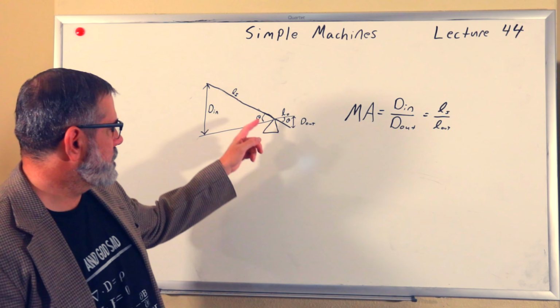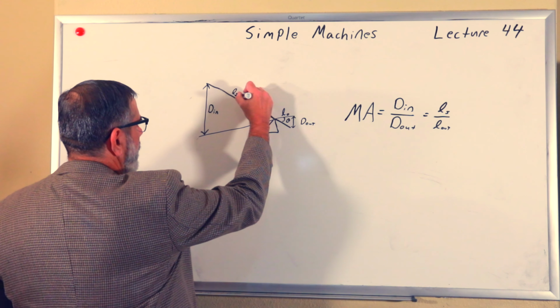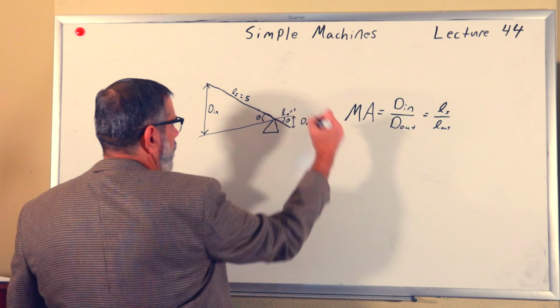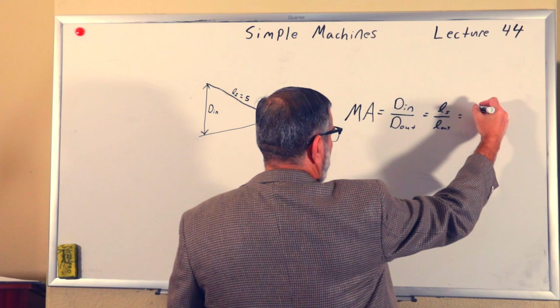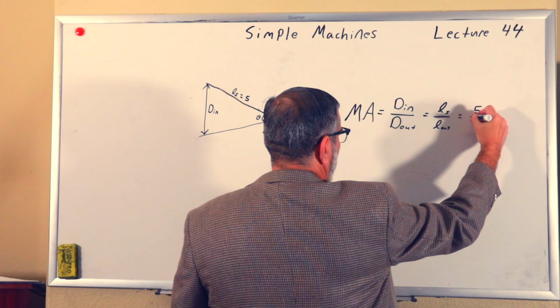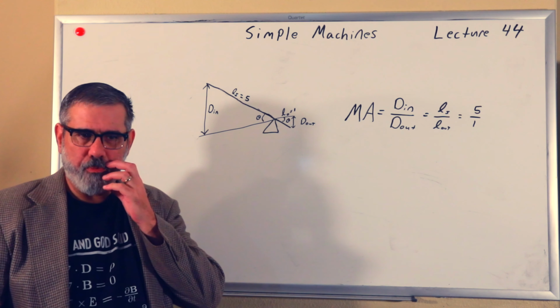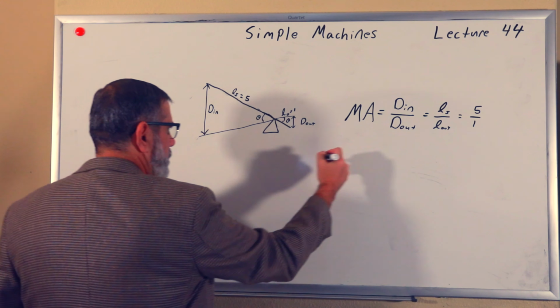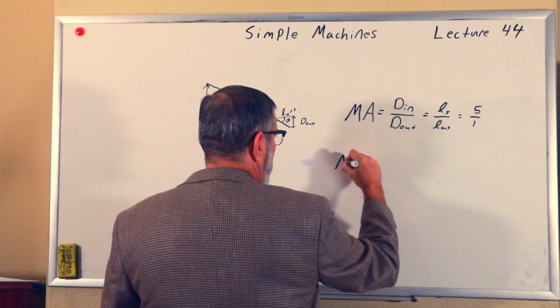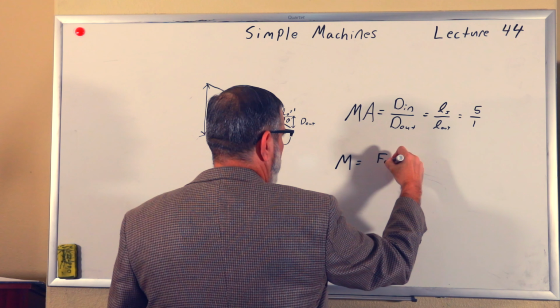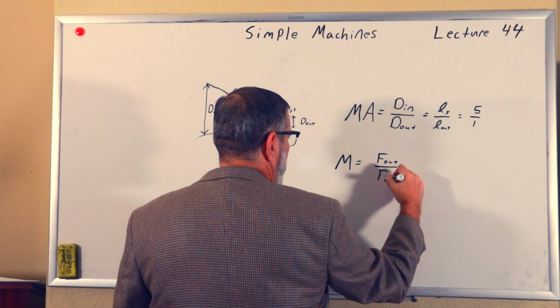So in that case, if this was equal to 5 and this was equal to 1, then this would be 5 over 1. That would be a mechanical advantage of 5. Just wanted to match up with the picture a little bit. This also means that the mechanical advantage is equal to F out over F in.